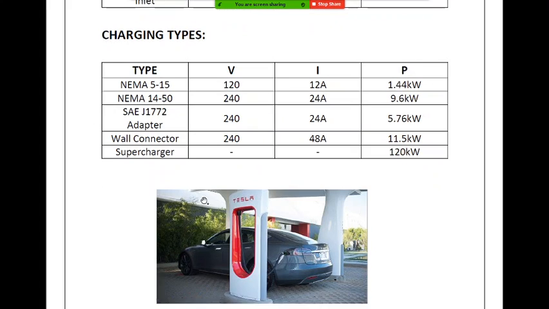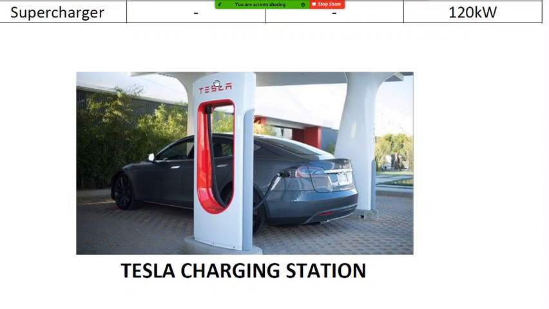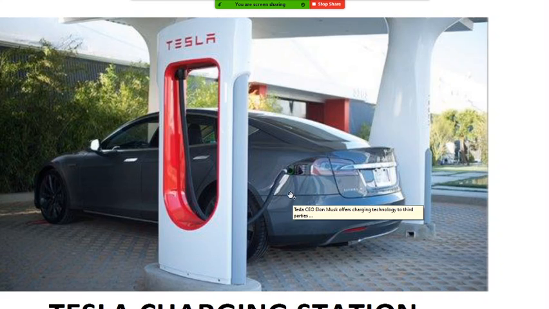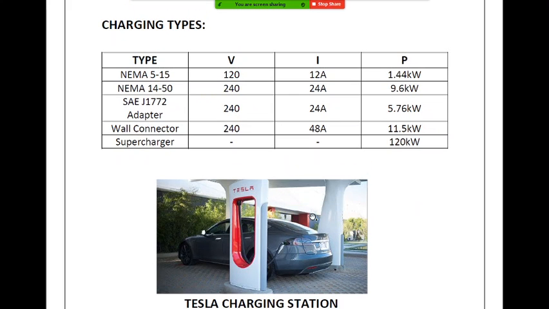So this is the Tesla charging station. You could see this is the grid, and from the grid the charger is connected to the vehicle. Let me zoom in. You could see here the charger is connected to the vehicle. So this is how the wall connector, I mean the Tesla charging, is done.